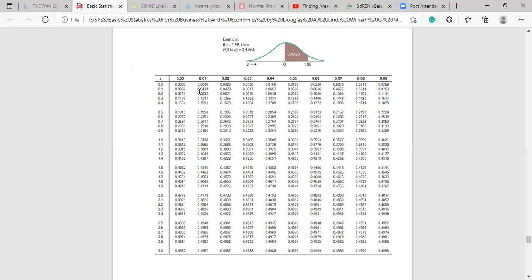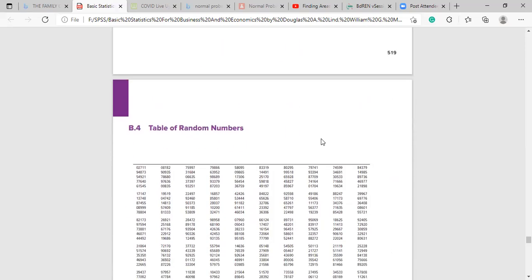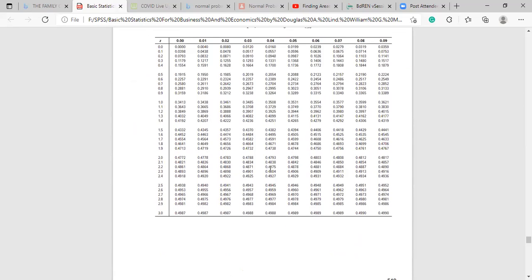So we should use 1.28 to identify the value in the z-table. Look at 1.2, and go across to 8. The probability there is 0.3997.